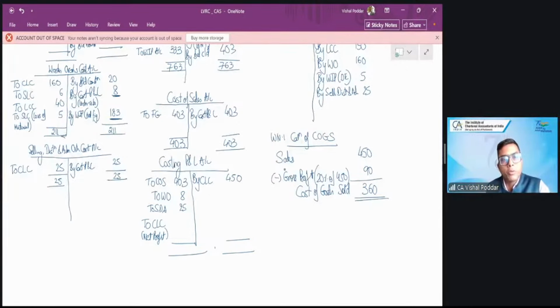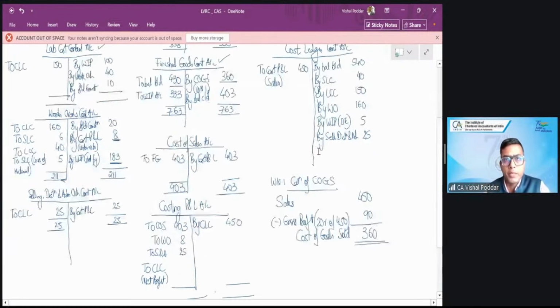Which is it coming to, students? 33. Is everything correct? Sorry. I should have transferred 360. I have transferred 403. 403 is the closing balance.